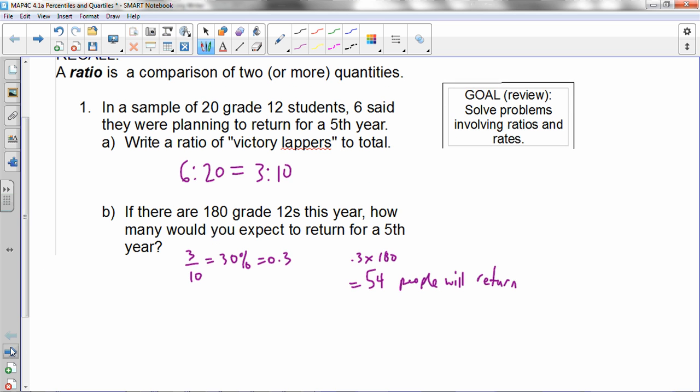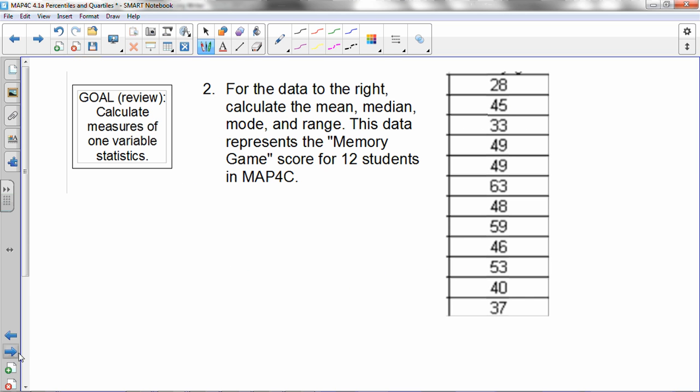Number 2 for the 3-minute review, a double 3-minute review here. For the data to the right, calculate the mean, median, mode, and range. This data represents the memory game score for 12 students in MAP4C. It's the Census at School data, not Stats Canada, from a class a couple of years ago, maybe.